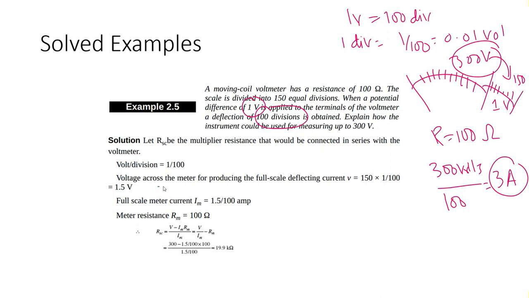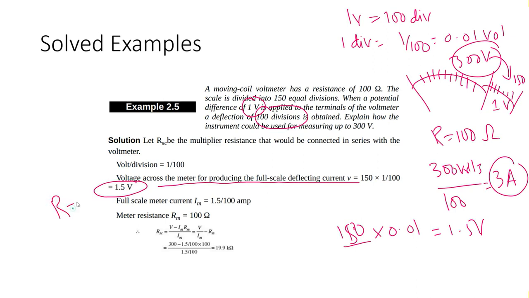The voltage across the meter producing a full scale deflection is now 150 multiplied by 0.01. For 1 division it is 0.01, so for 150 it will be 1.5. So we want this 1.5 to be across this system. For that 1.5 we have our resistance as 100.